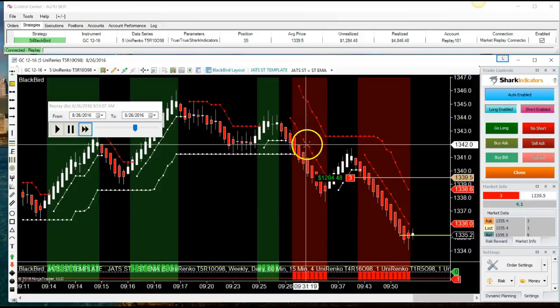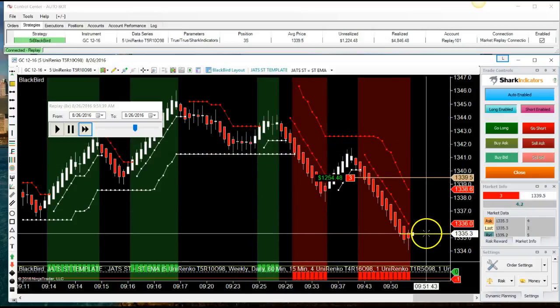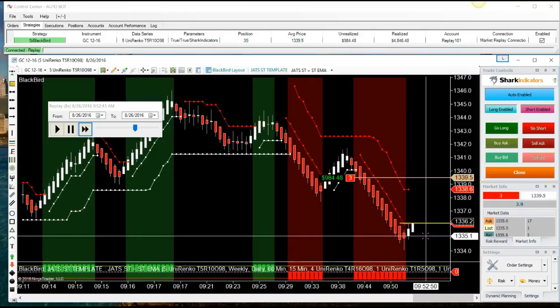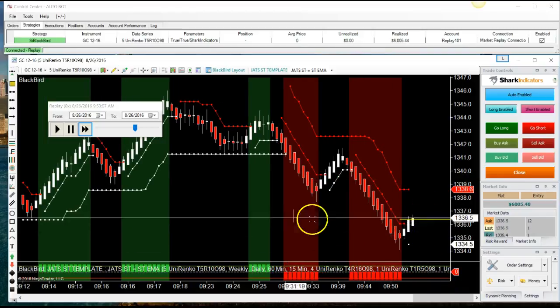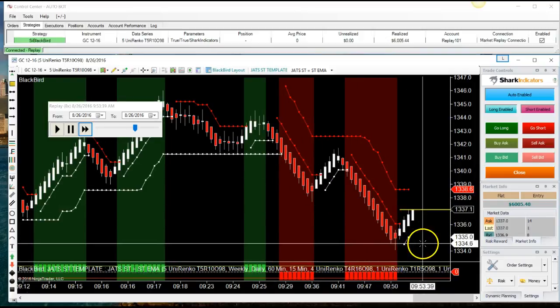Say that the market's just printing sideways. I mentioned this yesterday in my video. The one thing you do not want to trade is sideways in this strategy. It'll just chop you up. You want markets to be moving either up or down.